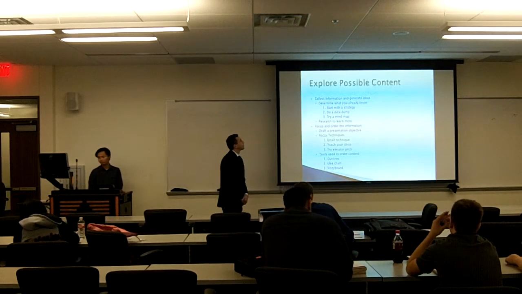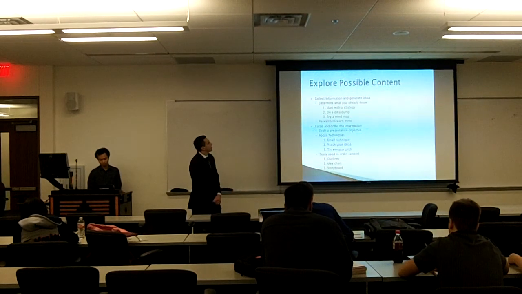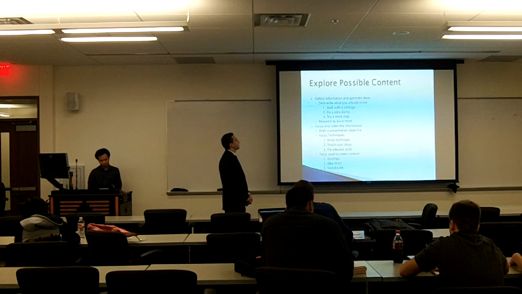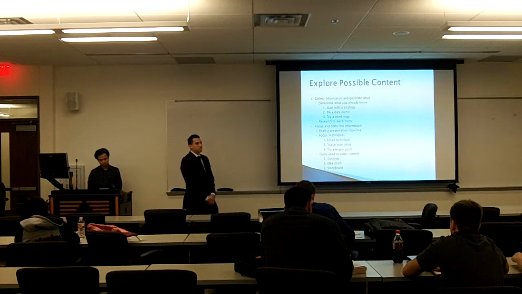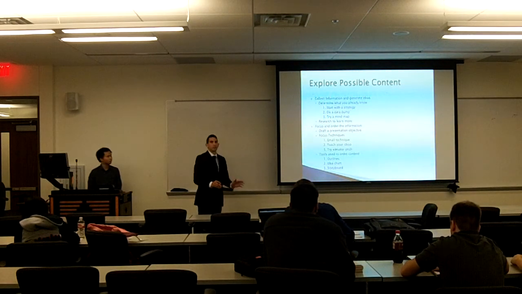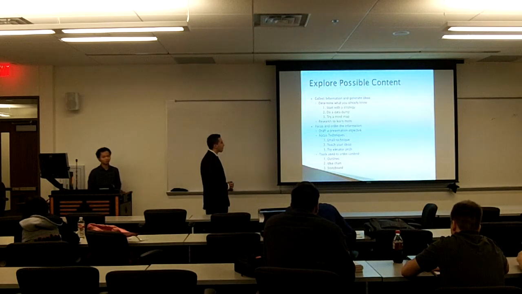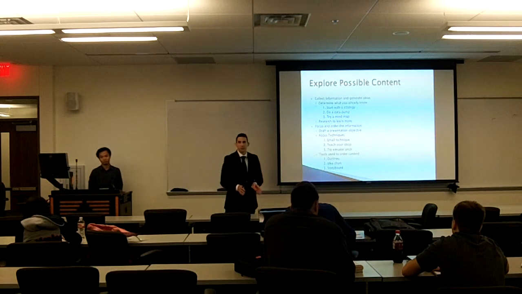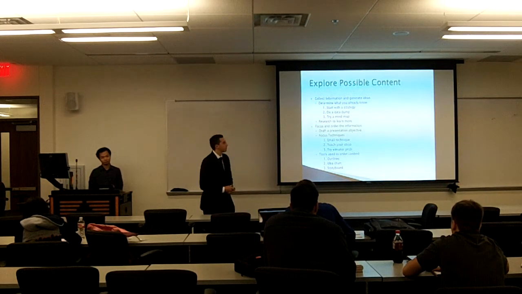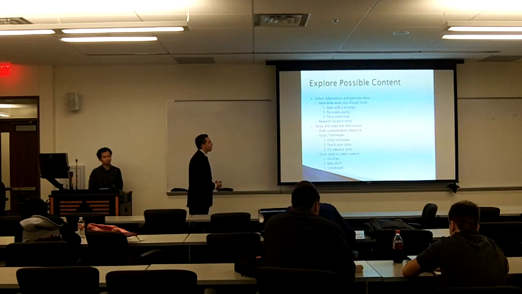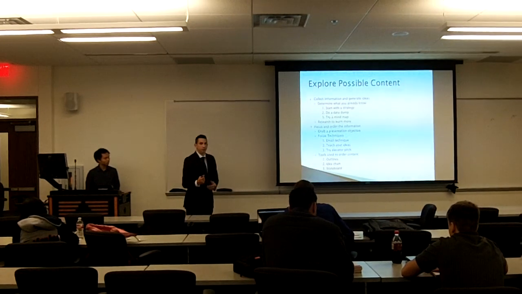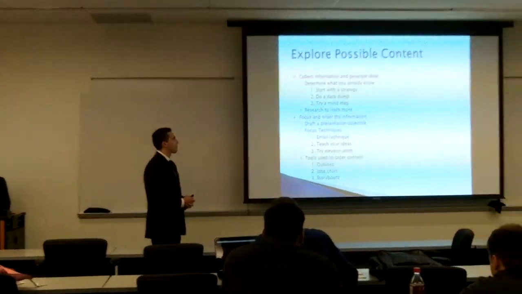So, explore possible content. I'll begin with collecting information and generating ideas. The best way to do this is to determine what you already know. You want to begin with a strategy: how you're going to approach it, and what type of data and information you're going to be looking for to present in the presentation.